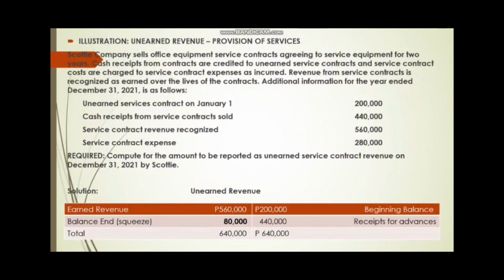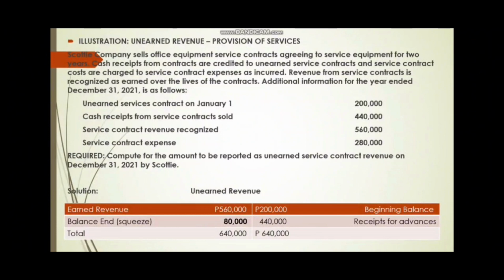The required is to compute the amount to be reported as unearned service contract revenue on December 31, 2021 by Scooty. So what you do is look at the earned revenue, 560,000, service contract revenue recognized. Then the beginning balance as of January 1 is 200,000.